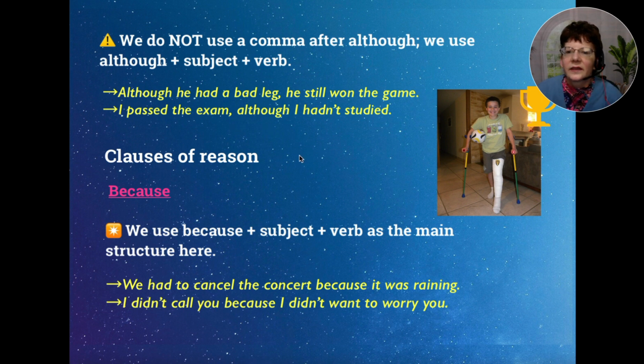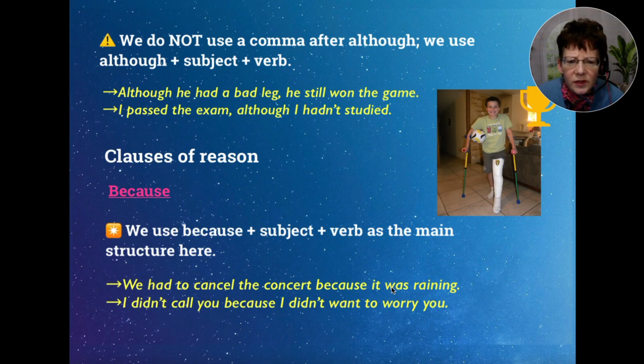Next, let's talk about clauses of reason. We use because as one of them. We use because plus a subject plus a verb as the main structure here. For example, we had to cancel the concert because it was raining.